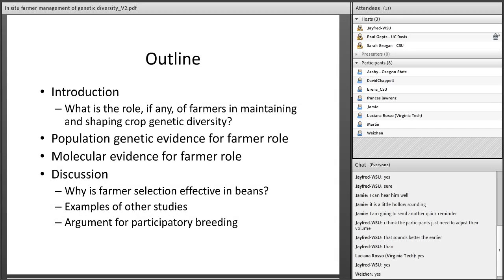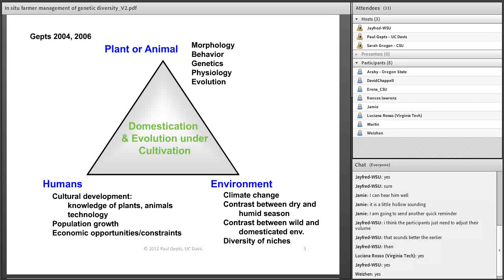And out of that came a realization that we need to take a stronger look at how farmers actually manage their seed stocks and what effect that may have. And conversely, can we detect the effect of farmers at the genetic level on the genetic diversity of their seed stocks? And we have used then specifically molecular markers to address this.